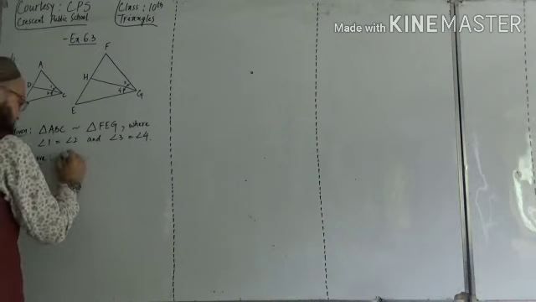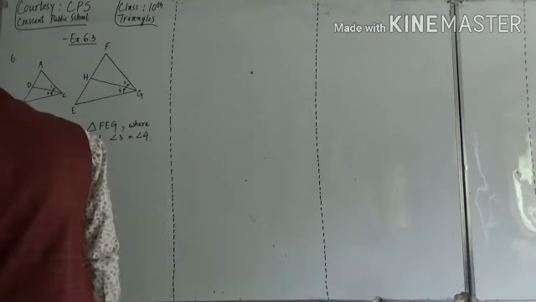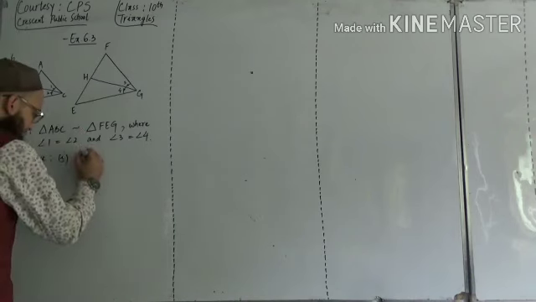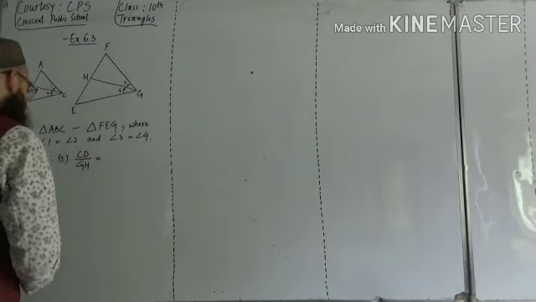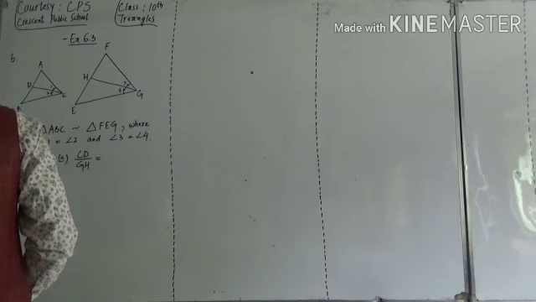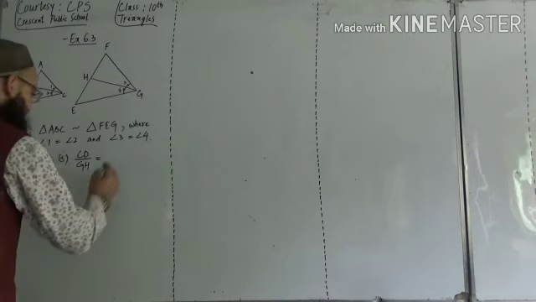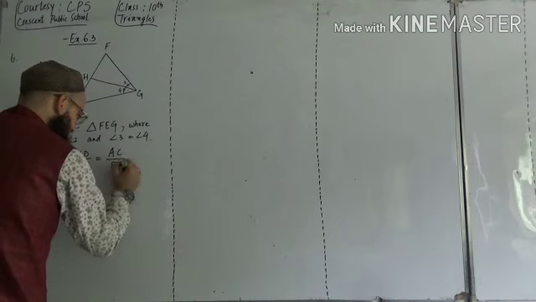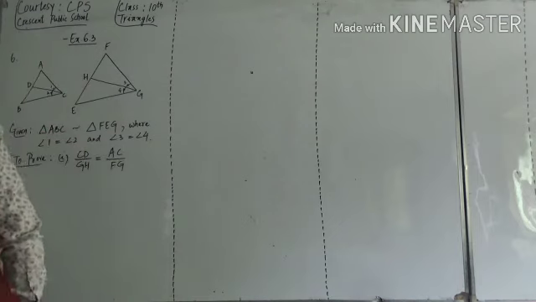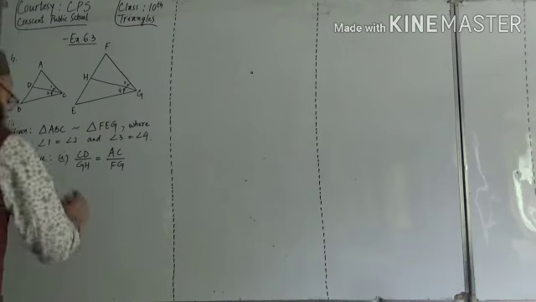What we are going to prove? We are going to prove 3 things. Number 1, CD by GH is equal to AC by FG.